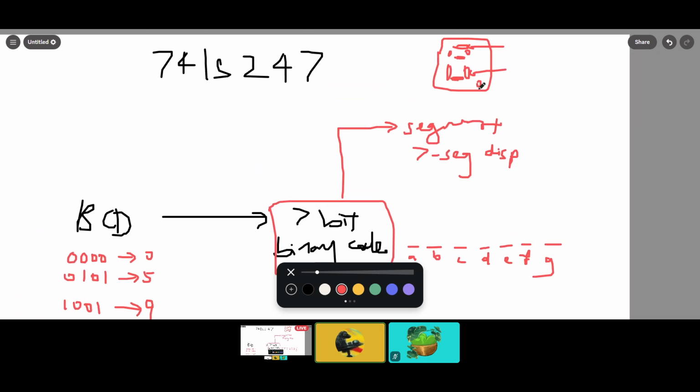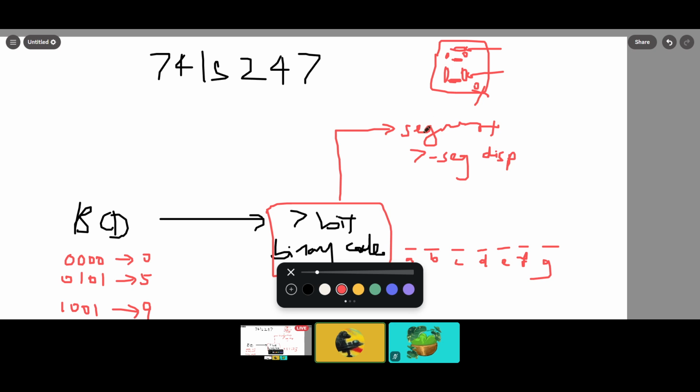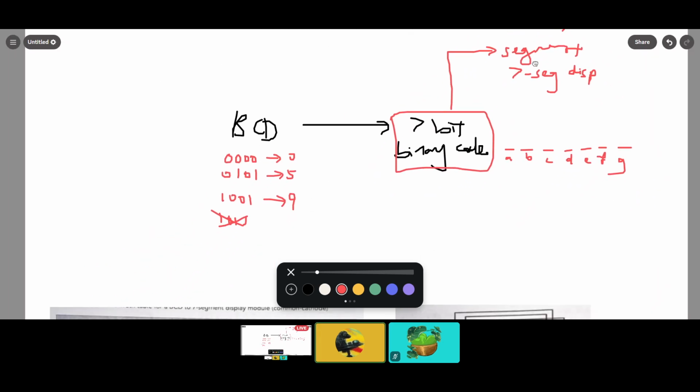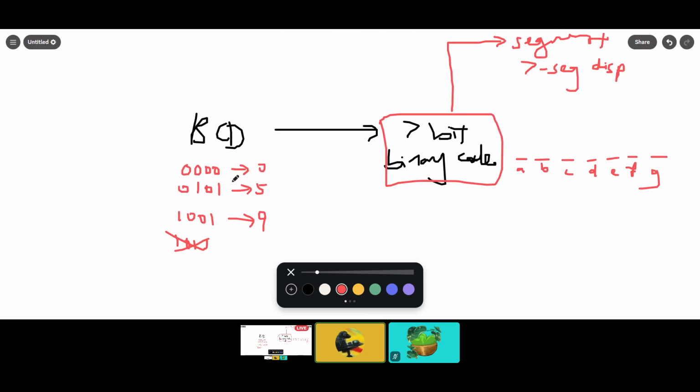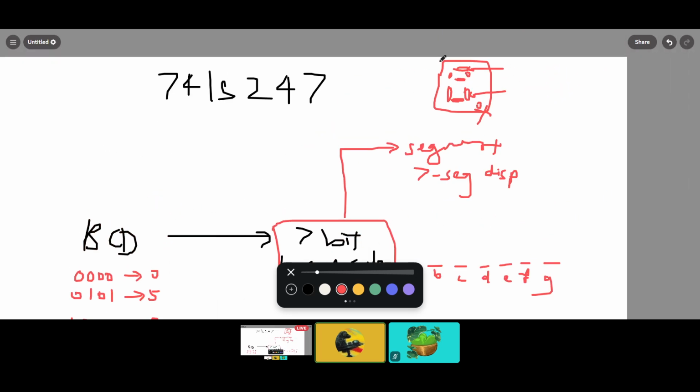And the decimal point is not included because we don't need this when we're converting a normal single binary coded decimal number for the 7-segment display.